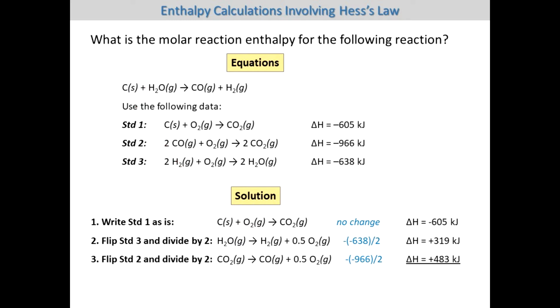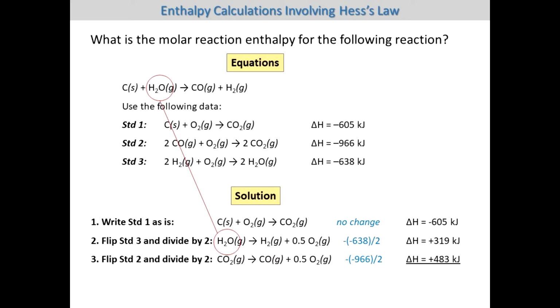Next, I'll go back to my target equation. I would choose water. I would then write the equation that contains water with it shown on the same side as the target. In this case, standard equation number 3 has water, but it's on the right side of the equation. It's on the product side. Therefore, I will flip that, and that means I also have to reverse the sign.